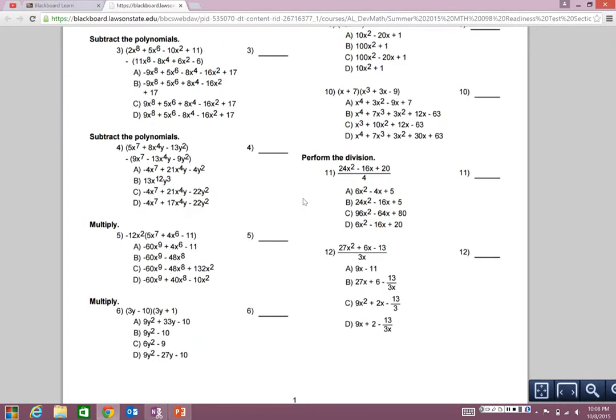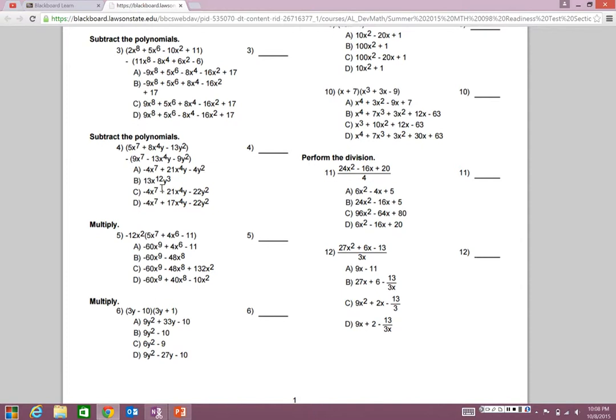So we go back here. What is the answer for number 4? Be careful about these answer choices because they look very similar. Just because the first terms look like the answer, please be careful in deciding which answer choice is really the solution of the problem.